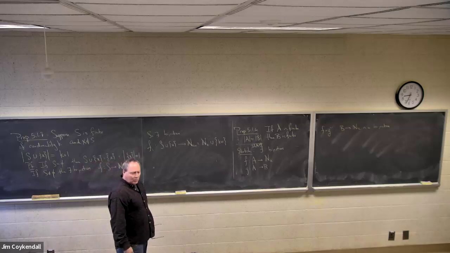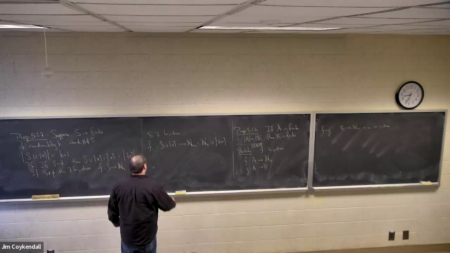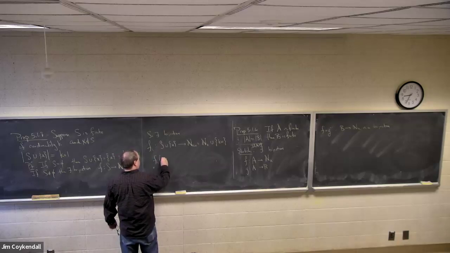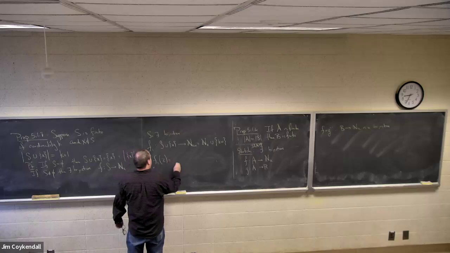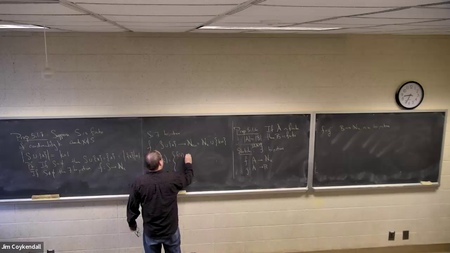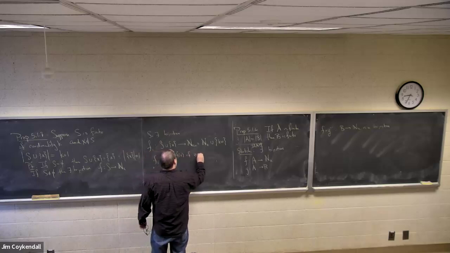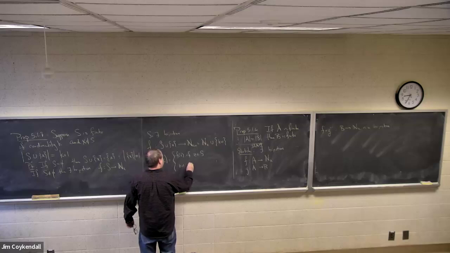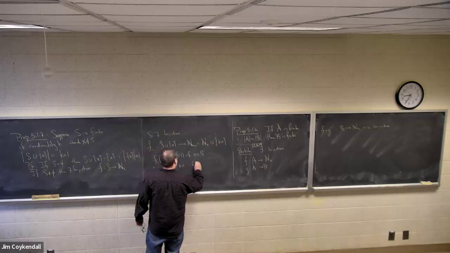How does this bijection work? Well, F1 of c is equal to F of c if c is in S, and k plus 1 if c equals x.